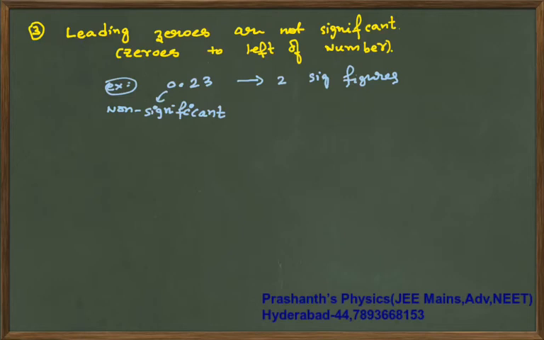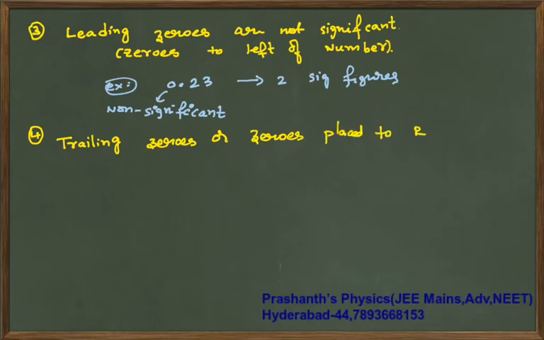Next, coming to trailing zeros. Your fourth rule is: zeros placed to the right of a number are significant.